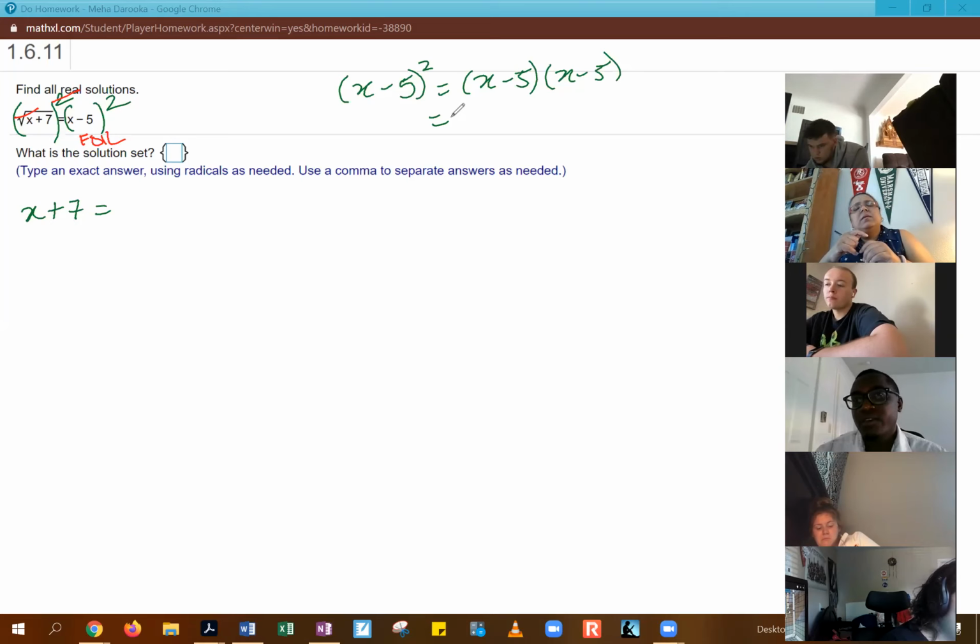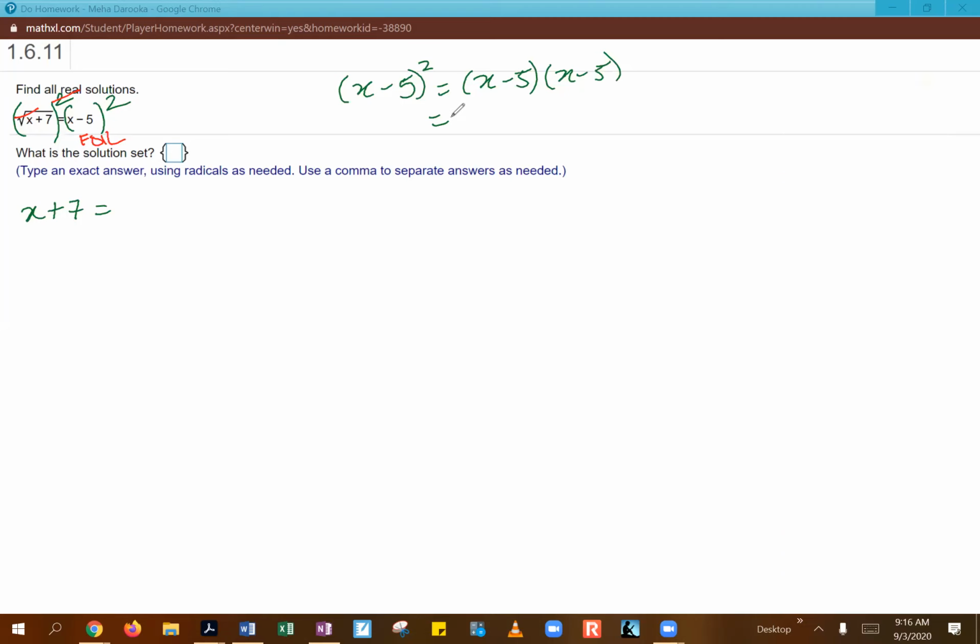Can it be x squared minus 10x plus 25? Yeah, so you should have 3 terms. Very nice. Because remember, you're multiplying the first, the outer, the inner, and the last term. So that will end up giving us x squared minus 5x minus 5x, and then the last 2 terms are negative 5 and negative 5, which gives you positive 25. And when you add up those middle terms, you will end up getting x squared minus 10x plus 25. So just be careful when you're doing your FOIL. So let's bring that down to our right-hand side.